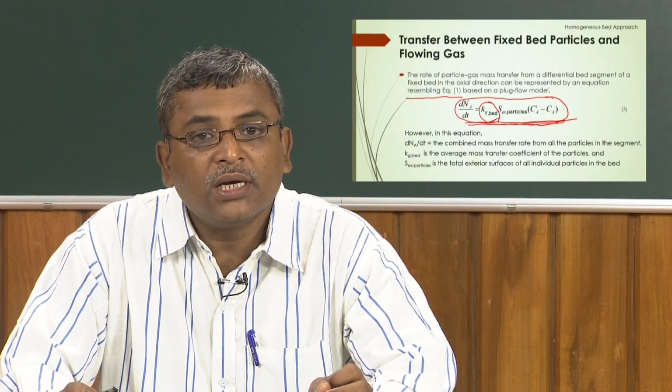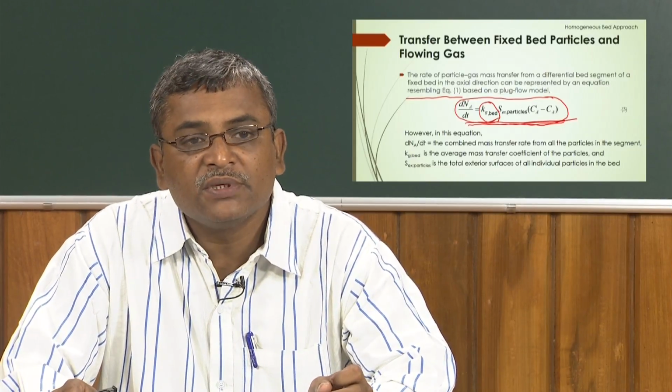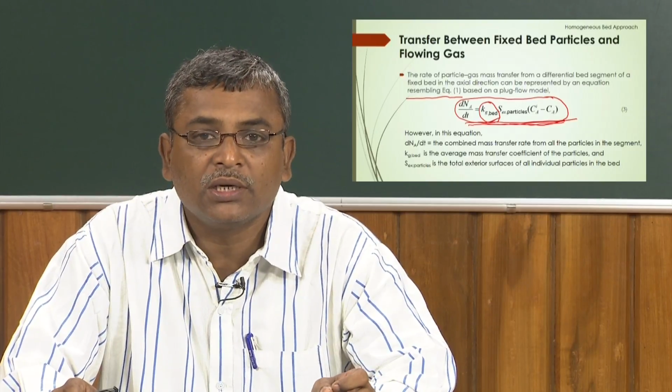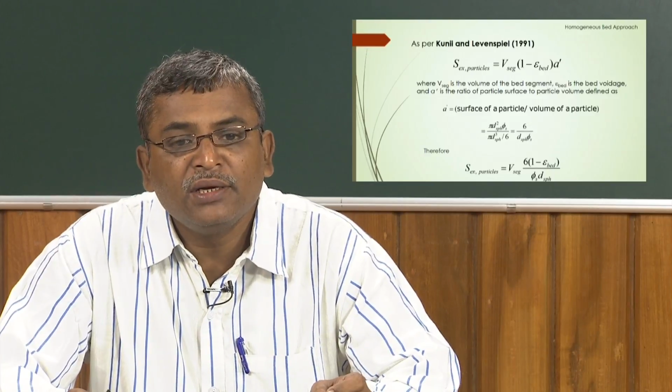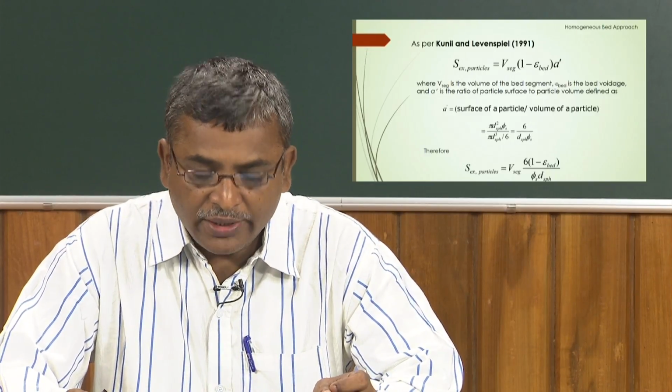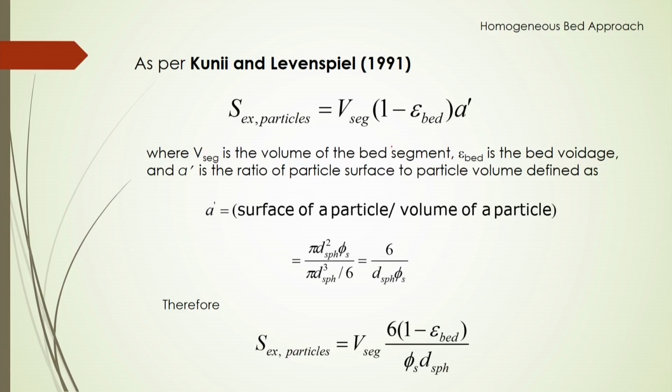So, here the surface area will not be that of a single particle; the surface area of all particles inside the bed will be considered. As per Cooney and Levenspiel 1991, for the fixed bed condition, this exterior surface area of the particles will be equal to V_seg into (1 minus epsilon bed), where epsilon bed is the porosity of the bed, into a dash.